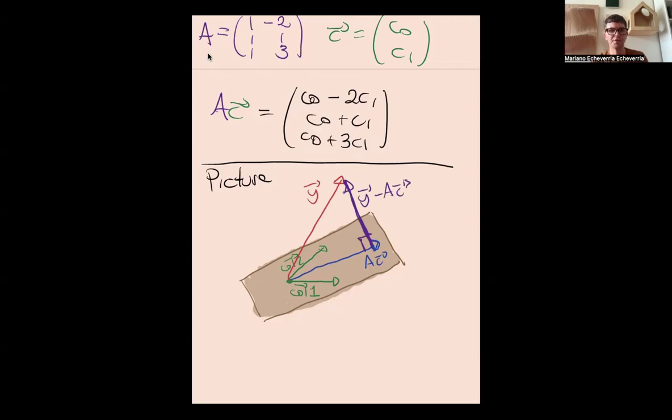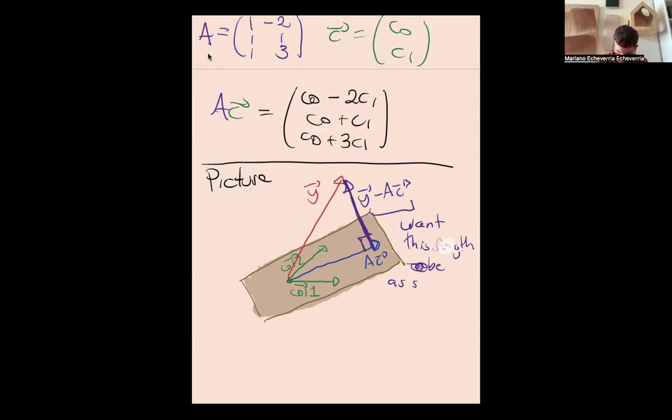And so what you want is the length of that vector to be as small as possible, and that happens precisely when the purple vector is perpendicular to the plane. So you want this vector to have a minimal length.